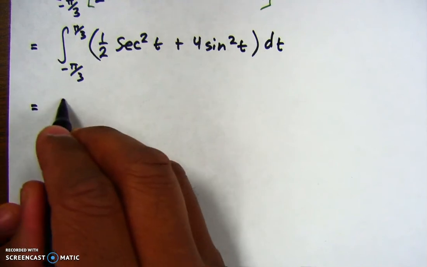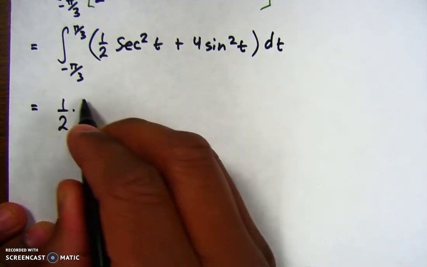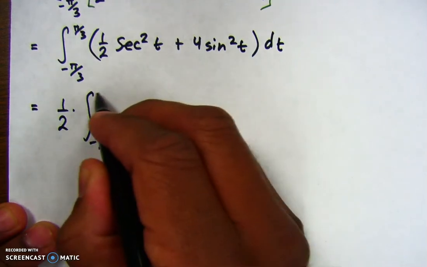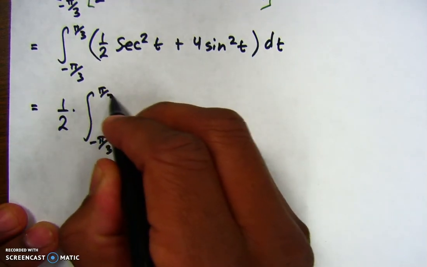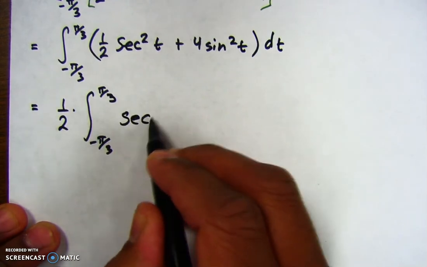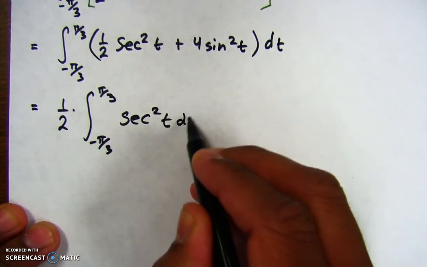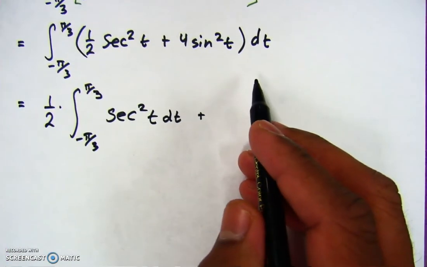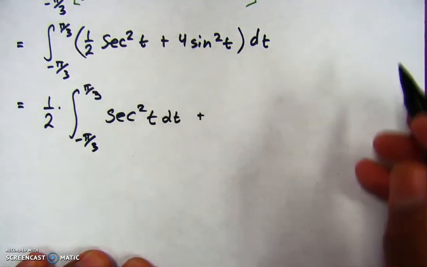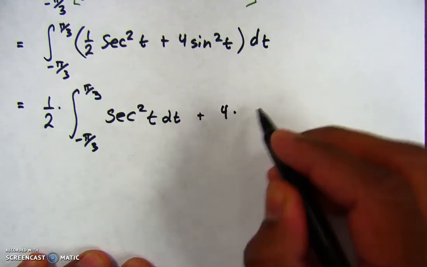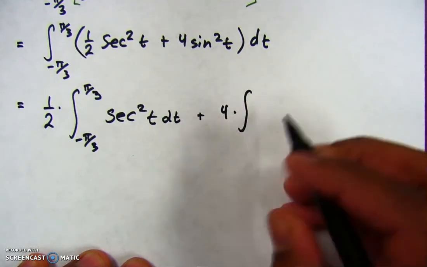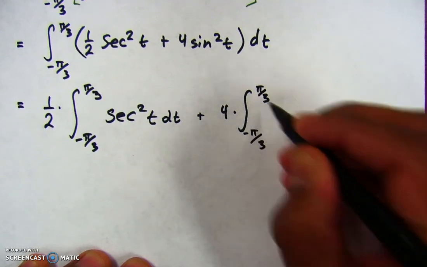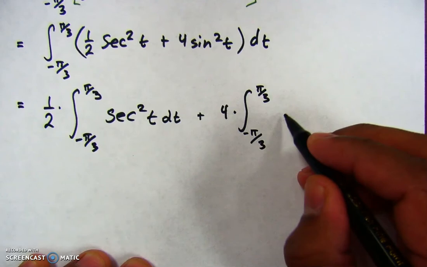So the integral of 1/2, I'll put that outside, from -pi/3 to +pi/3 of secant squared t dt, plus, and then same thing with 4 sine squared t. I can take the 4 out, times the integral from -pi/3 to +pi/3 of sine squared t.